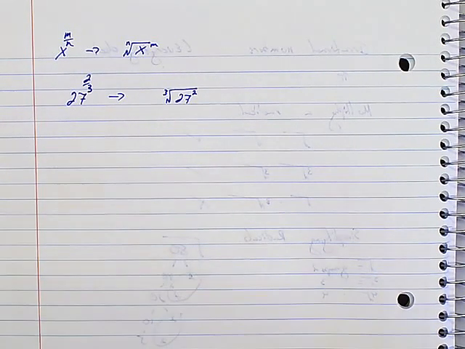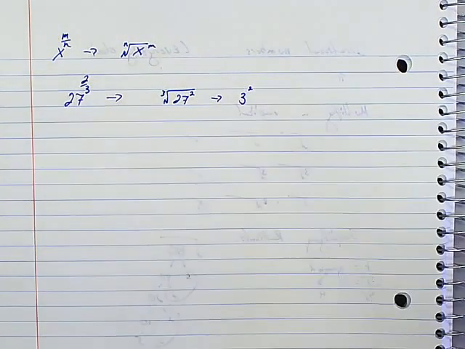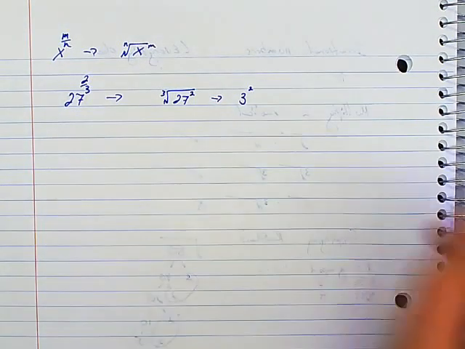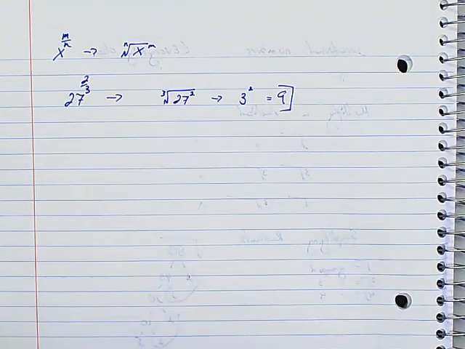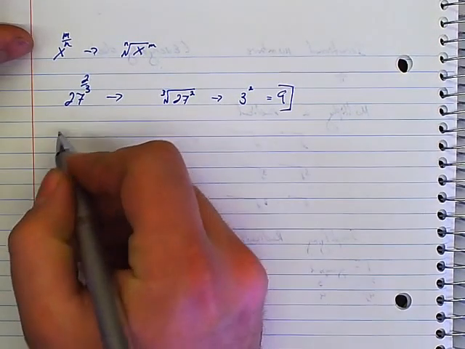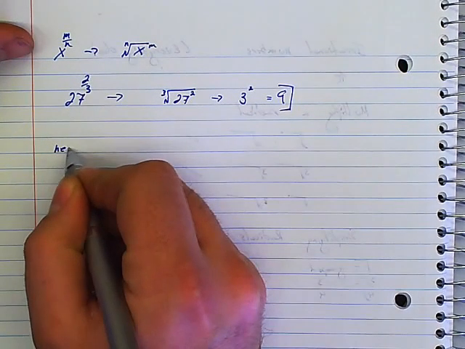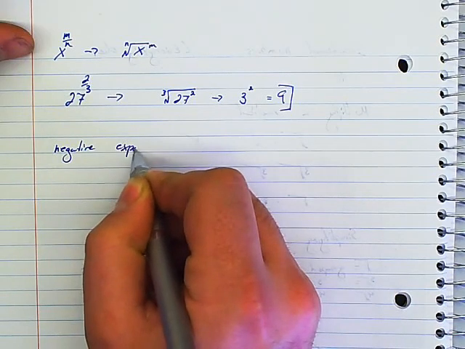It's going to be a cubic root, and the whole thing is going to be to the power of 2. You could go 27 squared first, but it'd be a lot easier if we take the cubic root of 27 before we square. What is the cubic root of 27? 3. This turns into 3 squared. What's 3 squared? 9.